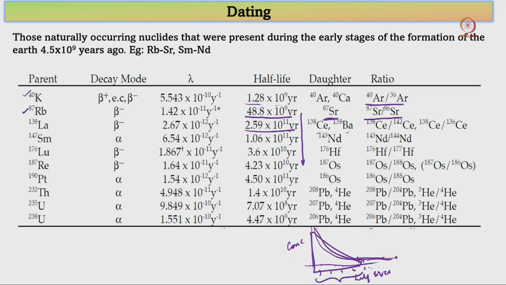Samarium to neodymium, alpha decay, 106 billion years. So, depending on what we are going to use, depending on the expected range of dating, we are going to select our isotope systems.